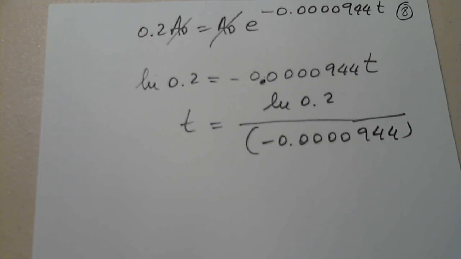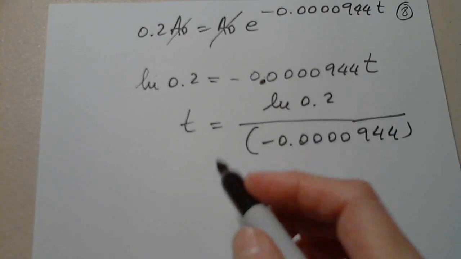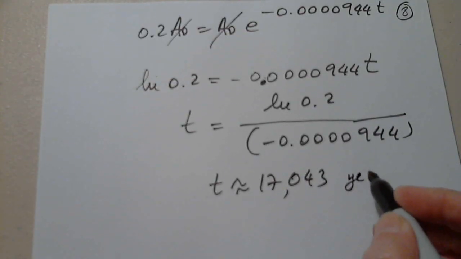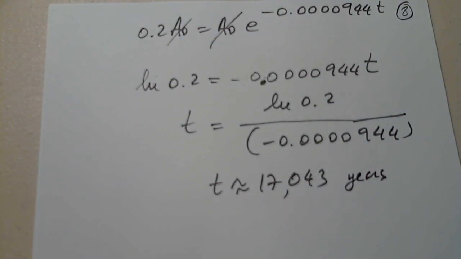When I press enter, I get 17,043 years, almost. As expected, because it drops from 100% to 20%, while from 100 to 50% it needs 7,000. Good.